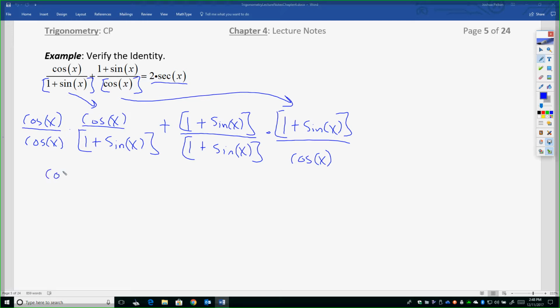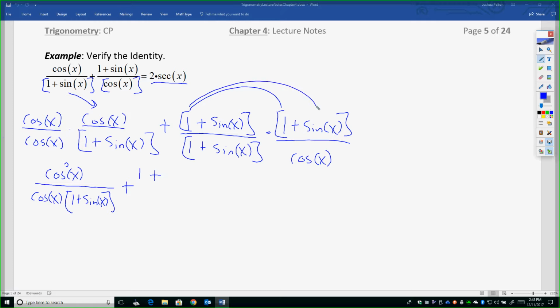So the top of the first one becomes cosine squared of x over the common denominator of cosine of x times 1 plus sine of x, plus, and if we distribute over here, let's give her some arrows, we're going to get a 1 right here, and a sine there, and a sine there, and a sine squared there.